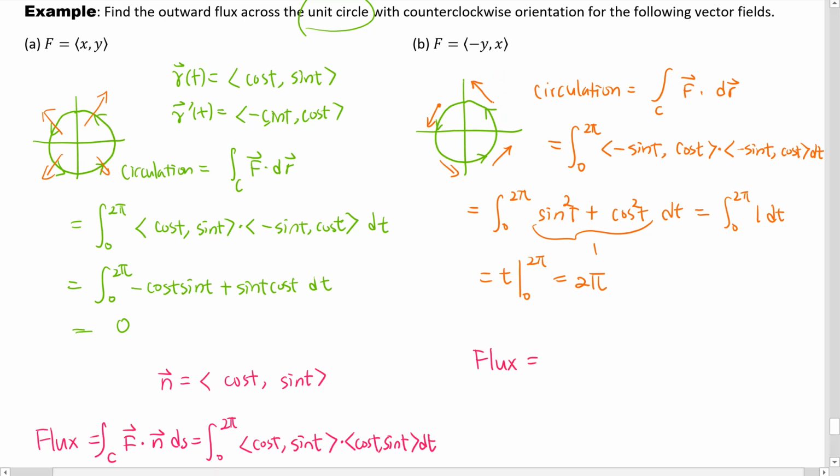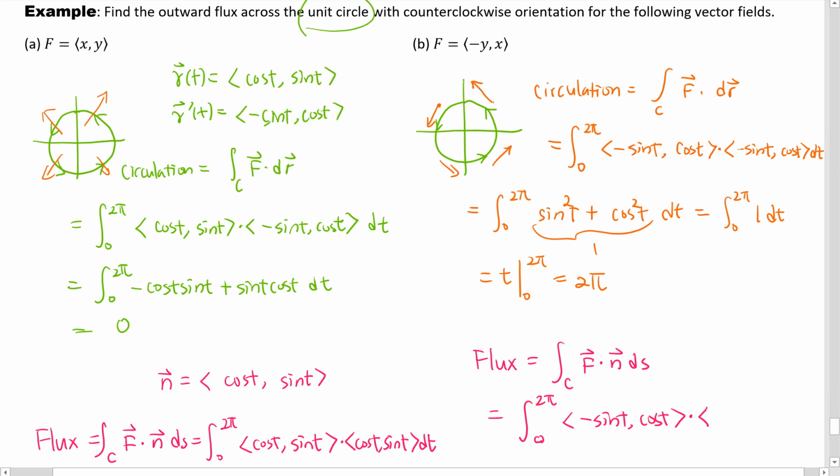Flux equals the integral over C of F dot n ds. That is from 0 to 2π, F is (-y, x), and y is sine t, so negative sine t, x is cosine t. And then how about the n?